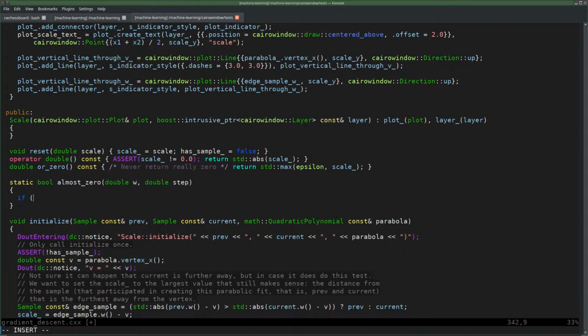It's originally a W value. So if step is less than epsilon, then it's definitely almost 0.